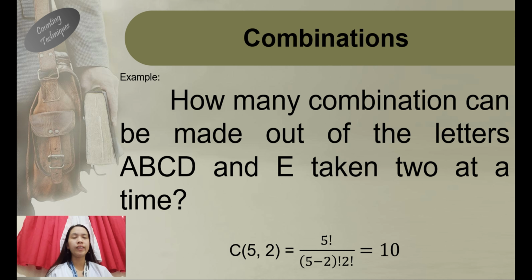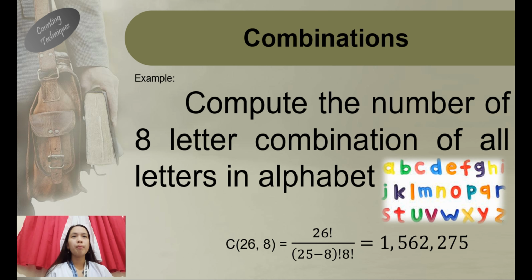Let's have another example. Compute the number of 8-letter combinations of all letters in the alphabet. Our solution for this is the combination of 26 different letters taken 8 at a time.